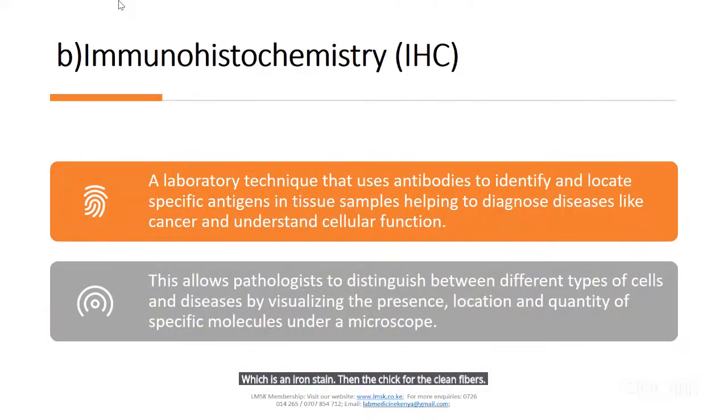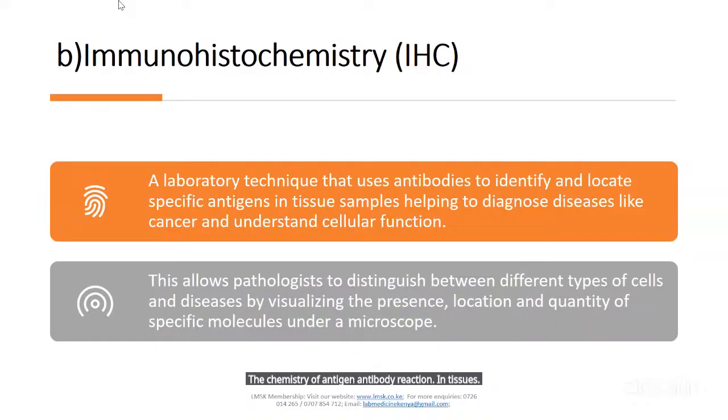Another ancillary study that is normally done in histopathology is immunohistochemistry. Immuno means antigen-antibody reaction. Histo is tissue, then chemistry. The chemistry of antigen-antibody reaction in tissues.